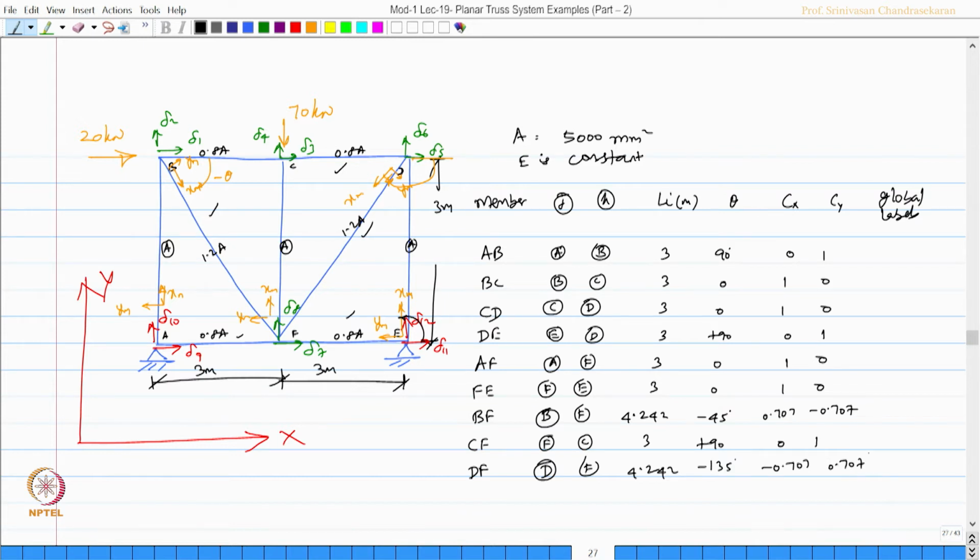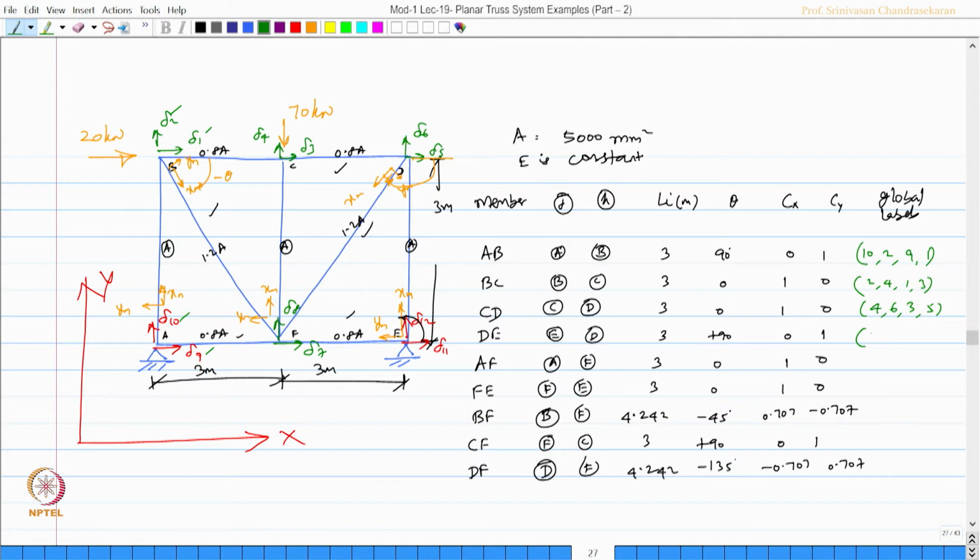Let us enter the global labels, y axis labels first, x axis labels next. Let us take the member AB, reference axis. So, very simple, 10 to 9 and 1. Similarly, for this member 2, 4, 1 and 3. For the next member 4, 6, 3 and 5.